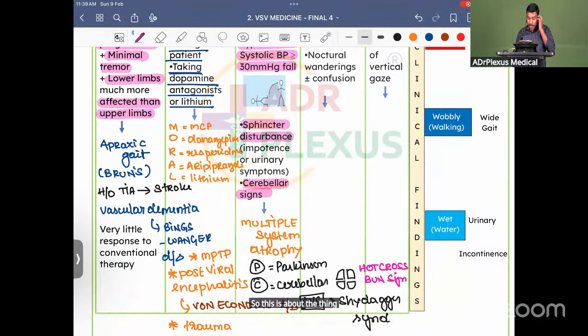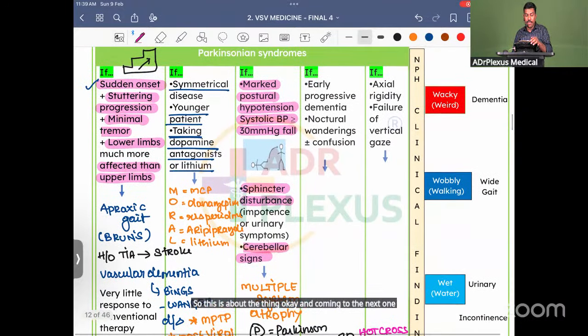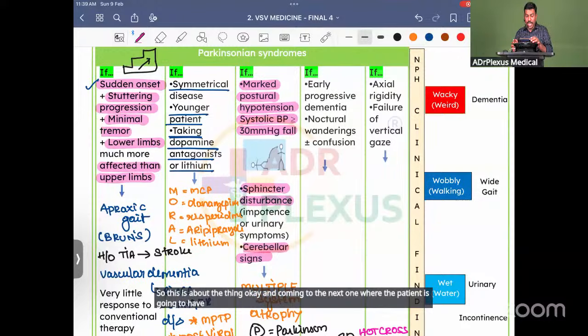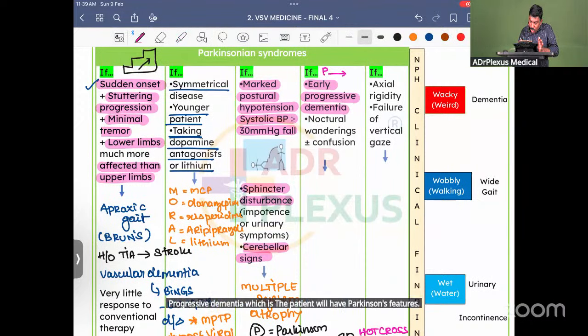And coming to the next one, where the patient is going to have early progressive dementia. The patient will have Parkinson features, and within 12 months they develop dementia. That is one very, very important clue.